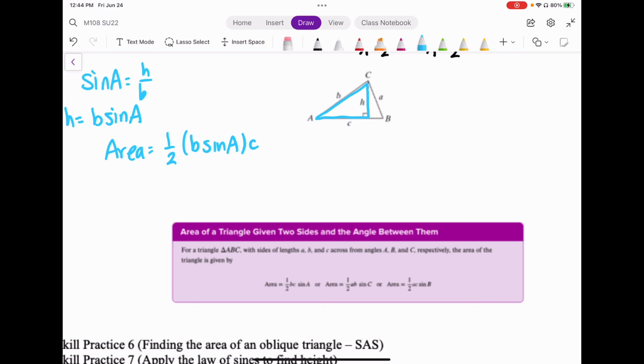One is an angle and the other two are sides. If you use sides B and C, you're taking the sine of angle A. If you use sides A and B, you're taking the sine of angle C. And if you use sides A and C, you're taking the sine of angle B.